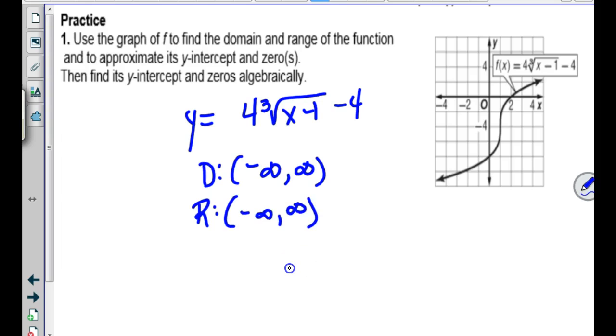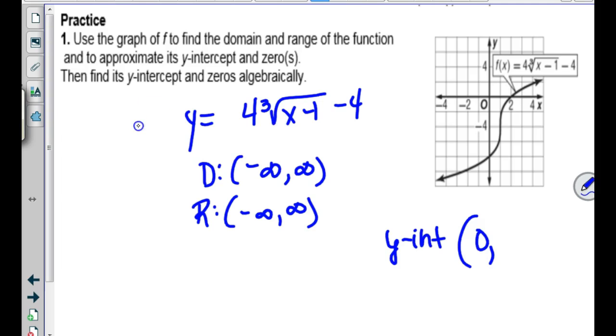All right, the y-intercept is what we get when we do what? Yes. So the y-intercept would be when x equals 0. So if I put a 0 in, 0 minus 1 is what? Negative 1. Cube root of negative 1. You can take the cube root of negative 1. It would be negative 1, right? Because negative 1 times negative 1 times negative 1 would be negative 1.